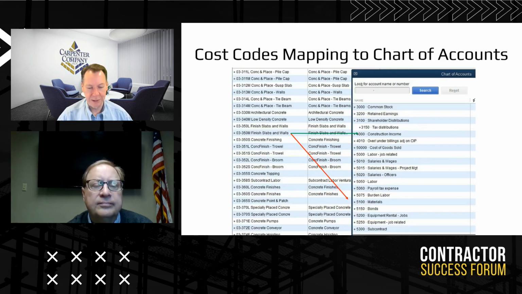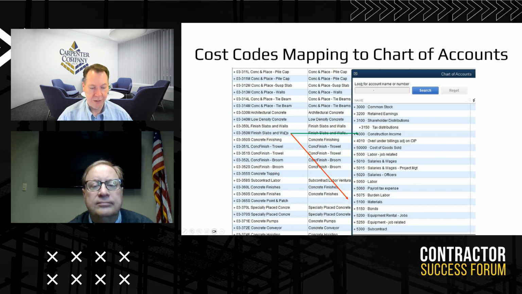And this is one of the biggest things that I think people should pay attention to. In QuickBooks Desktop, they refer to them as items. In QuickBooks Online, they refer to them as products and services. In most other dedicated construction systems, they do refer to them as cost codes. But when we're setting them up, each one of these cost codes should translate to two different things. This is a big miss for a lot of people.